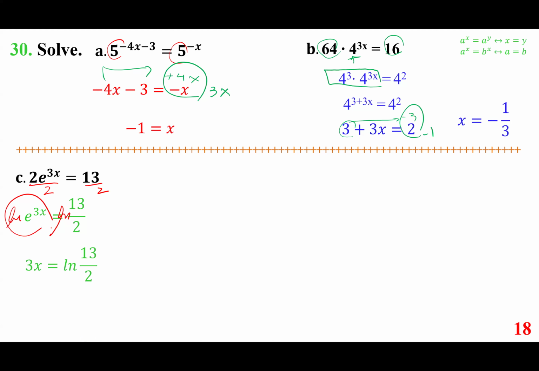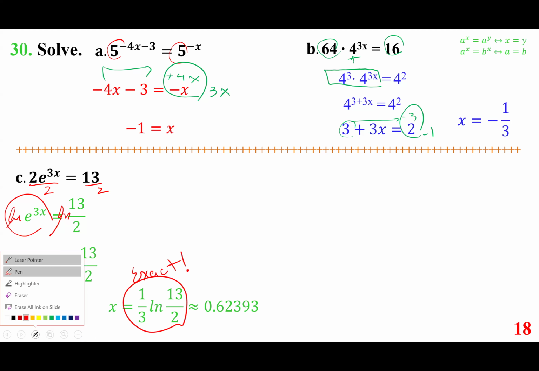So what is x? Divide both sides by 3. 1/3 of the right side. This is an exact answer, and you should always leave it as an exact answer, unless they ask you for an approximation. Then you can use a basic calculator to do that.